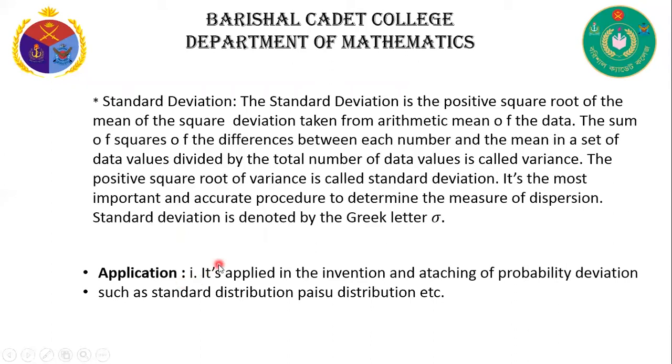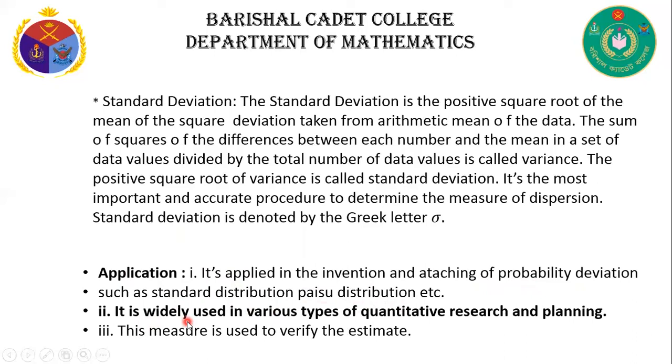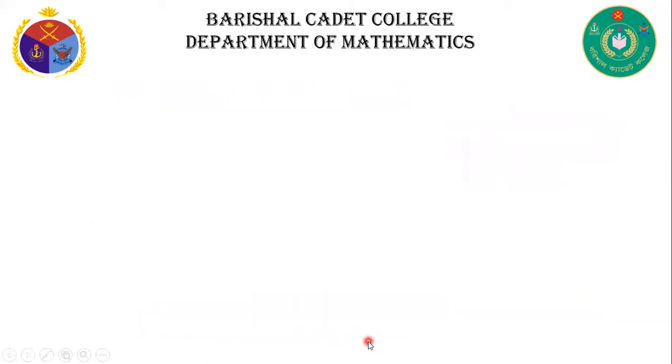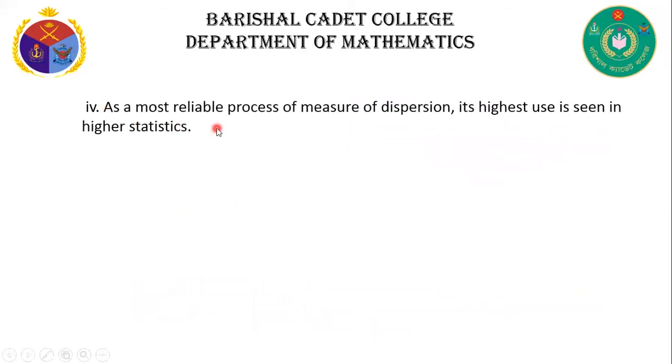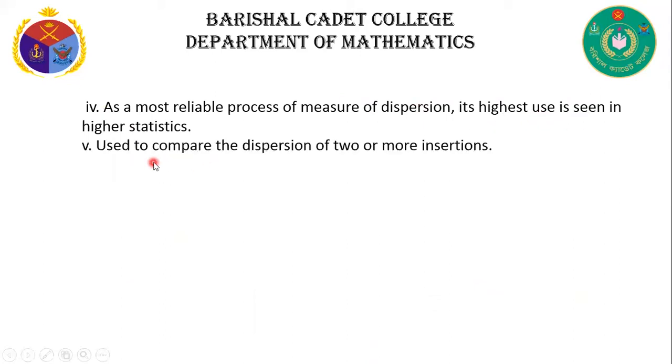Now the application of standard deviation and variance. It is applied in probability deviation, and it is widely used in various types of quantitative research and planning. The measure is used to verify estimates. As the most reliable measure of dispersion, its highest usage is seen in higher statistics.